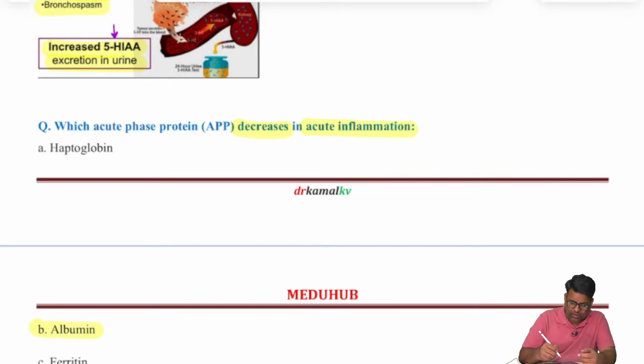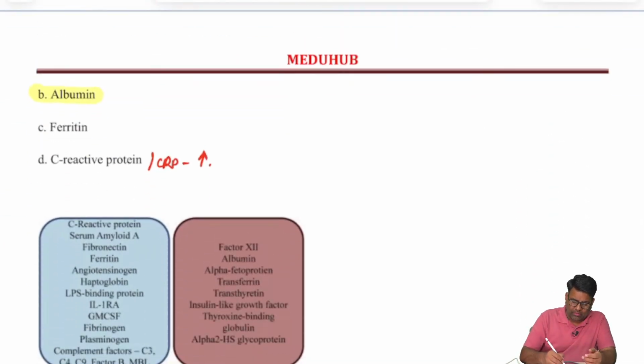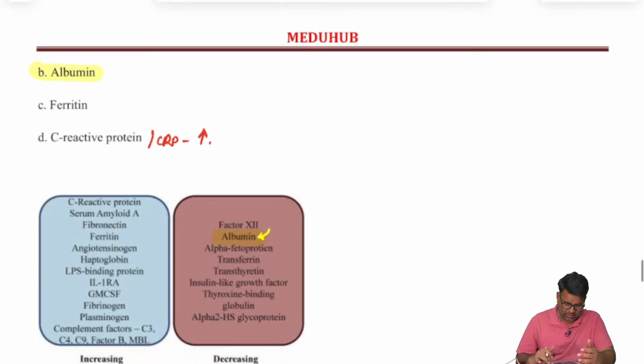Haptoglobin and ferritin all increase. So the acute phase protein which actually decreases in infection or inflammation is albumin. Albumin is one of the important acute phase proteins which decreases.